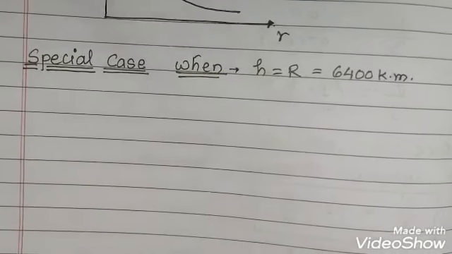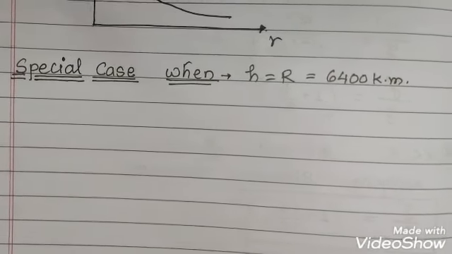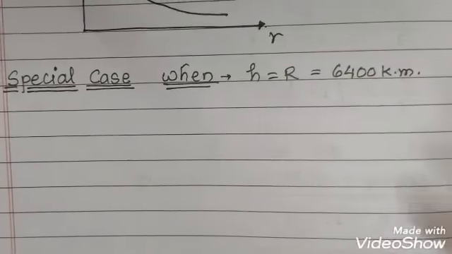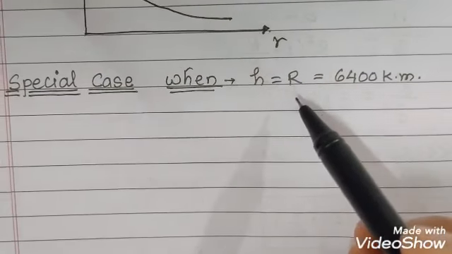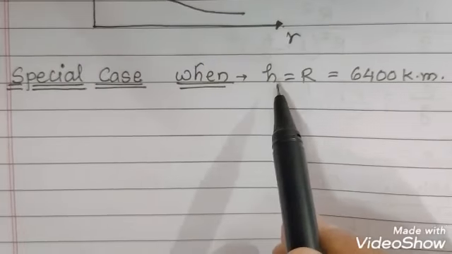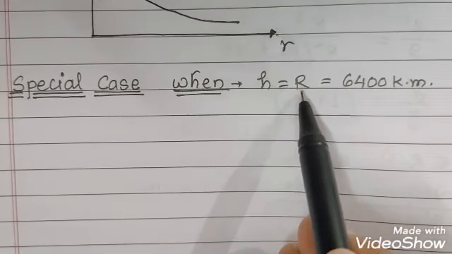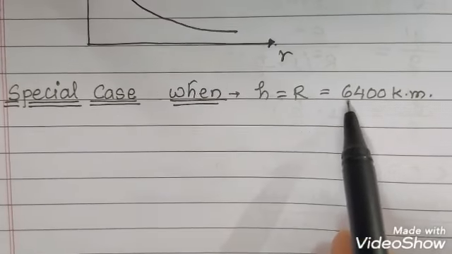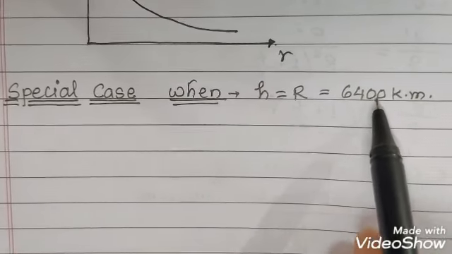Now we'll see a special case here in which, suppose the object is shifted to a height h that is equal to the radius of the earth, that is r equal to 6400 kilometer.